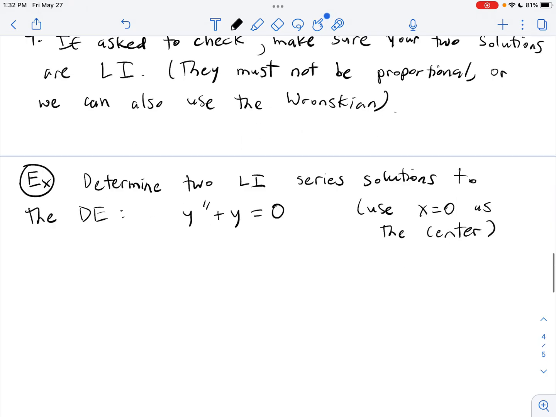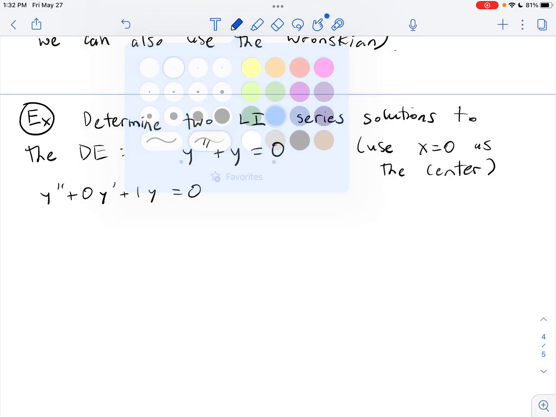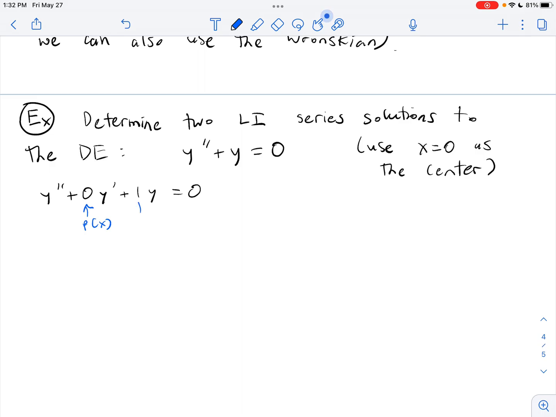Okay. So remember, guys, this is really y double prime plus 0 times y prime plus 1 times y is equal to 0, right? And so just to remind you, this guy right here, that's p of x, and this guy is q of x, right?